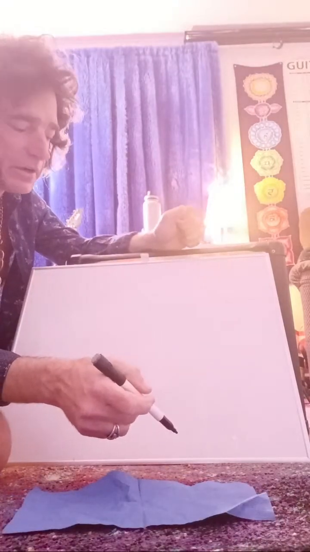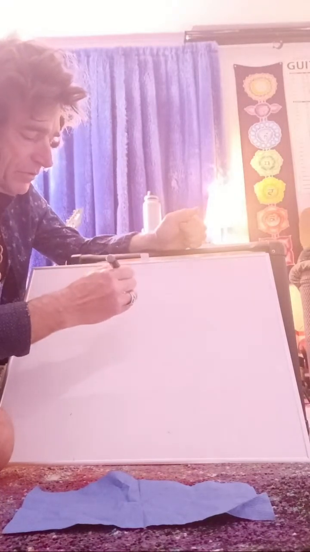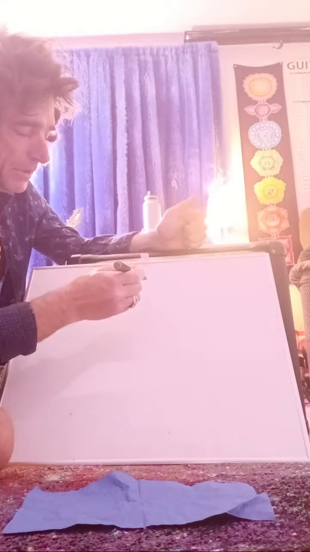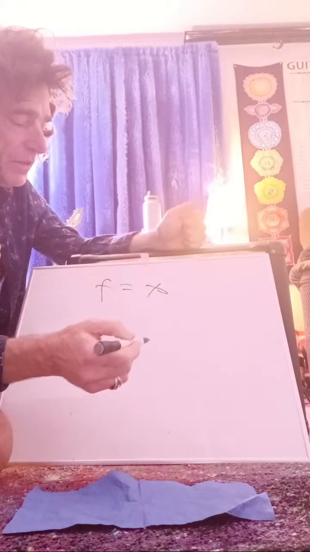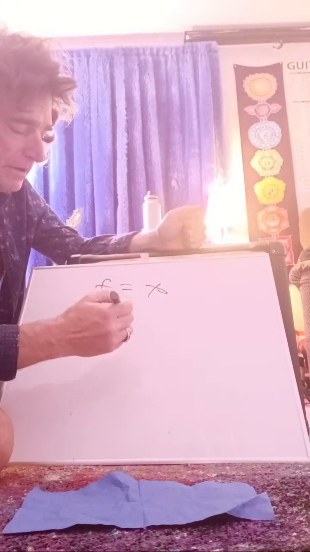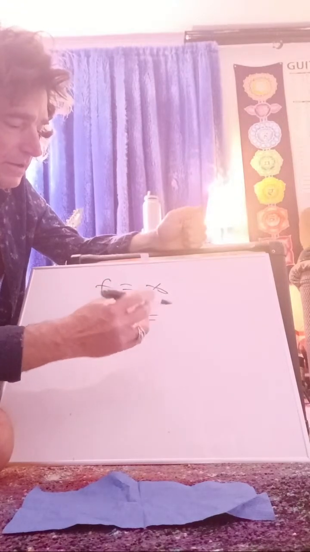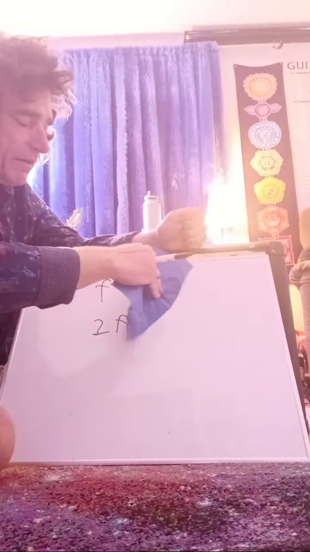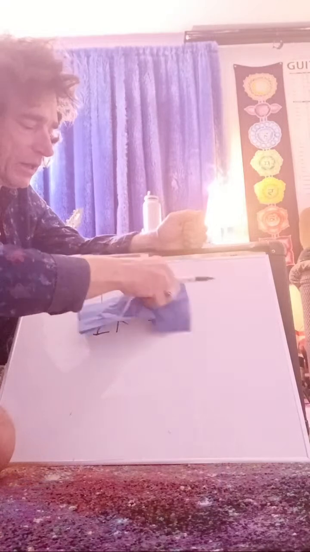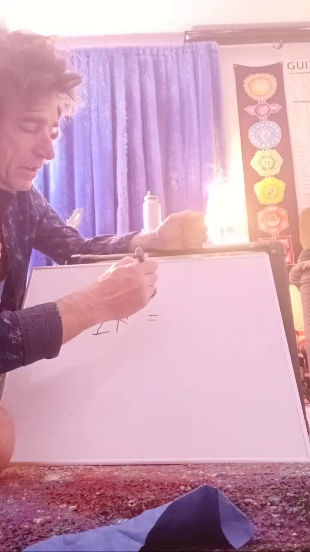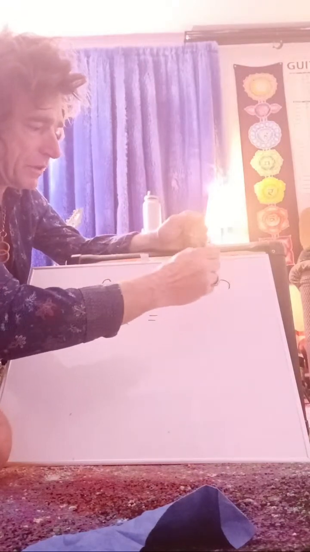So let's start with the scenarios. If you have the original frequency of whatever, call it F, then double the frequency would be 2F, and the original frequency would be called the unison or the root, the trivial interval.